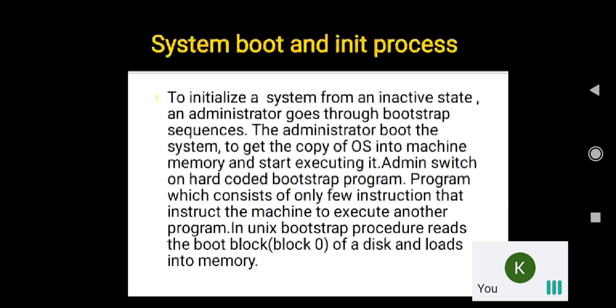So first we initialize the kernel. That is the first and most important work in booting up your operating system. After initialization of the kernel, the kernel controls the remaining things in the operating system. That's very important.